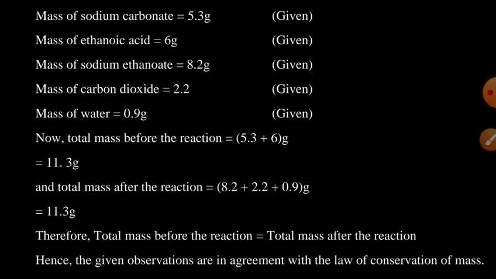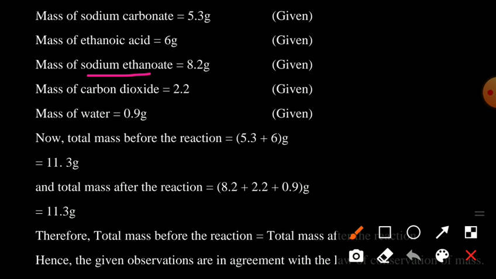Mass of ethanoic acid is also given, 6 gram. Then mass of sodium ethanoate is given 8.2 gram. Then mass of carbon dioxide is given 2.2 gram and mass of water is also given 0.9 gram.